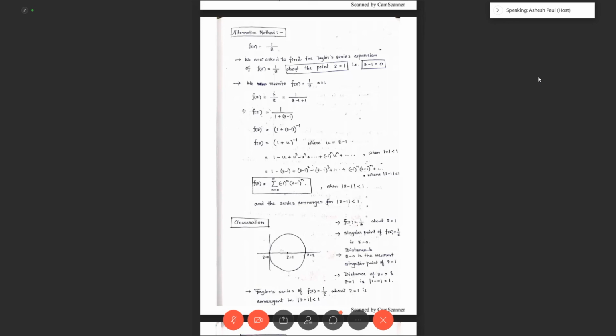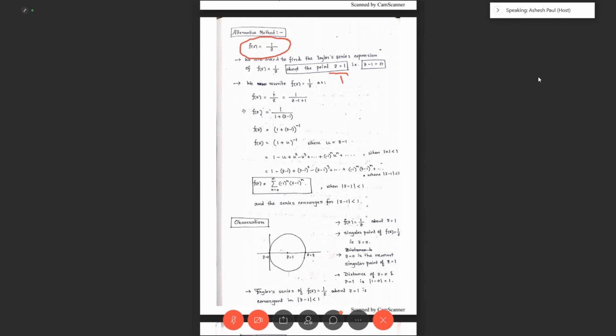So this is the alternative method, and here we are taking the same function f(z) equal to 1 by z. We are asked to find the Taylor series expansion of the function f(z) equal to 1 by z about the point z equal to 1.